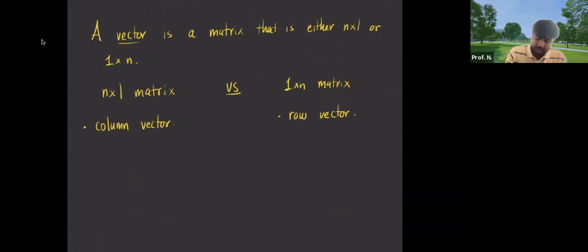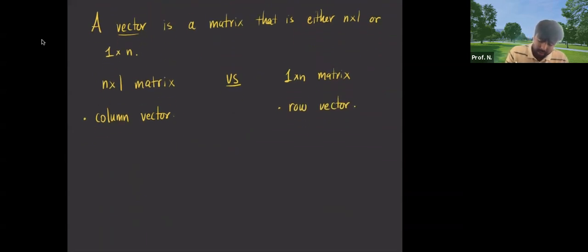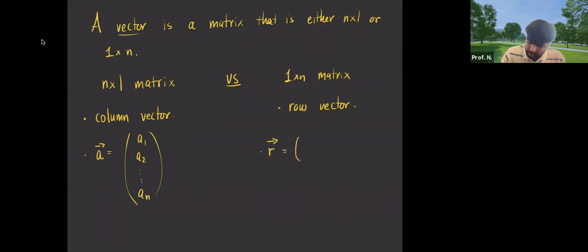So if I have a column vector, I can write it this way: A1, A2, all the way to AN. That would be my column vector. And if it's a row vector, I'm going to have R1, R2, all the way to Rn.